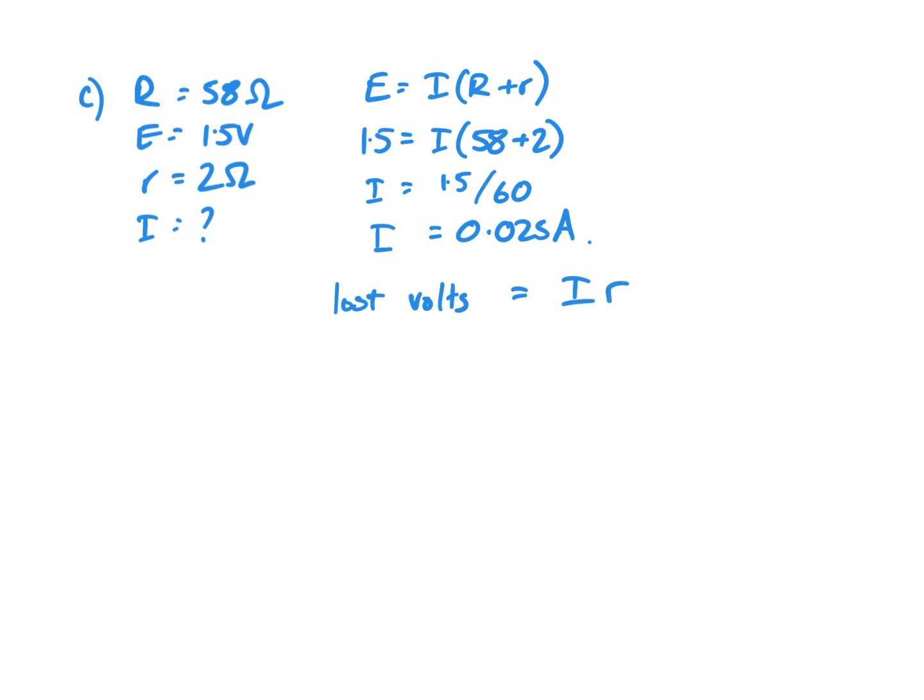So just applying IR to that, it's the current flowing in the circuit multiplied by the internal resistance, which is 0.05 volts. So in this example, when you've got quite a large external resistance, 58 ohms, and a small internal resistance of 2 ohms, then that's pretty much negligible lost volts.